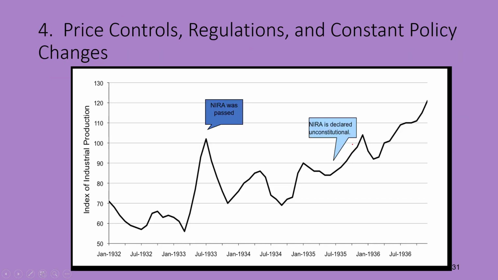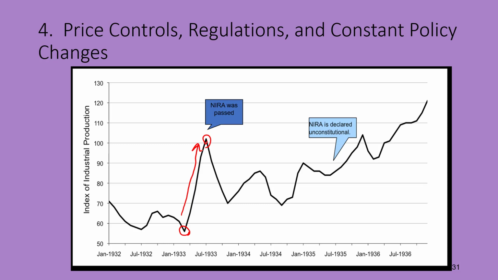Now, if you want to take a look at the effect of the National Industrial Recovery Act, right, that was passed in around midsummer or July 1933. And what's interesting is you can see from April to July of 1933, right, you can see that production was increasing. And again, the economy seemed to be kind of rebounding a little bit. But then the National Industrial Recovery Act was passed.